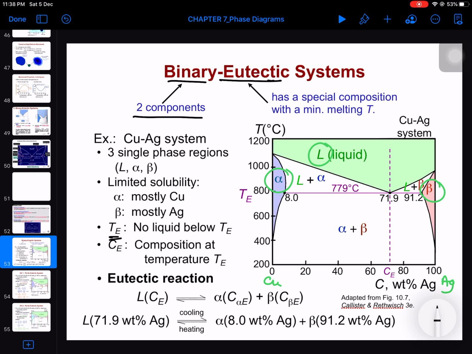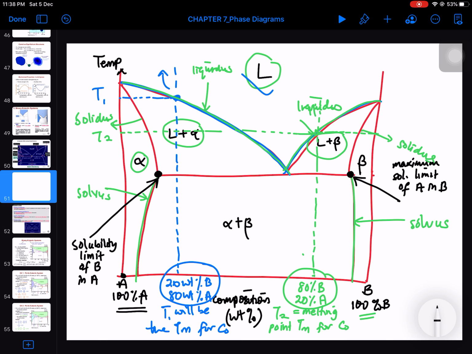If you look at the phase diagram, let's go to this point again. Any composition of alloy that you choose, from the liquid phase, will cross these boundaries before it enters the two phase region of liquid plus alpha on this side, or it crosses this boundary into the liquid plus beta region on this side.